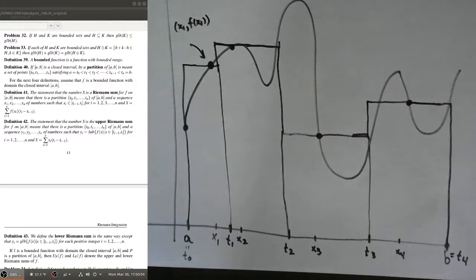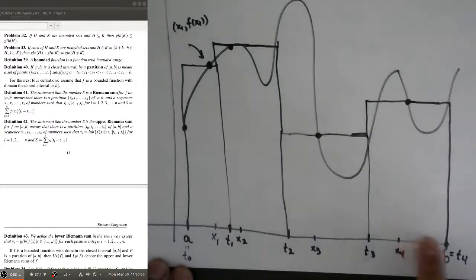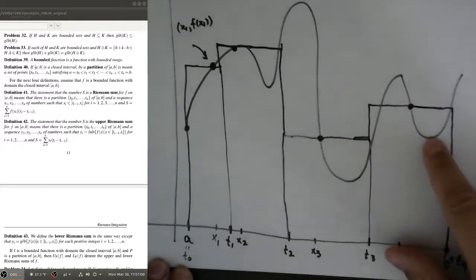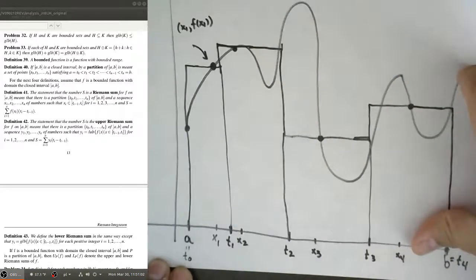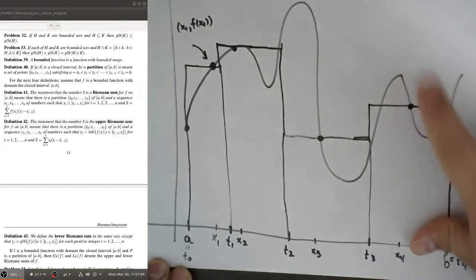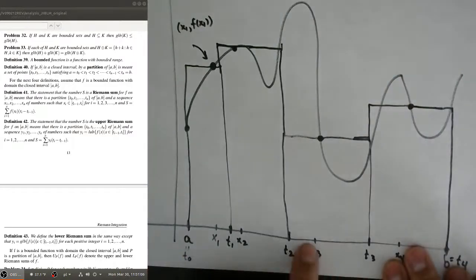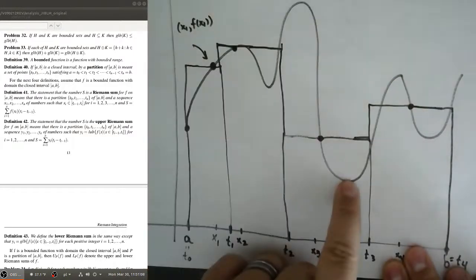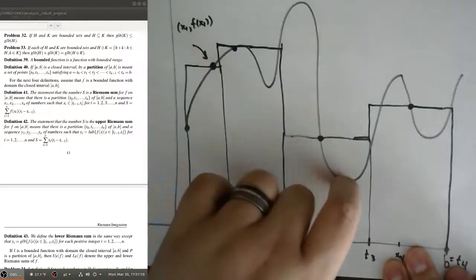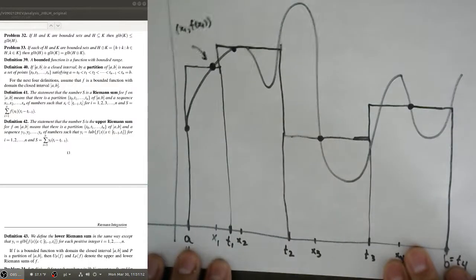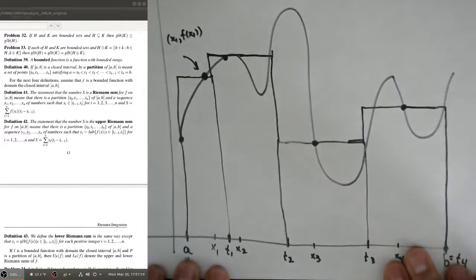Now, I have lots of options to pick any x in here that I want. So the height of this rectangle could be as low as this, or as tall as this point or this point. Or this one could be as tall as this, or as low as this rectangle. So there's lots of wiggle room there. The upper Riemann sum and the lower Riemann sum go between those extremes.